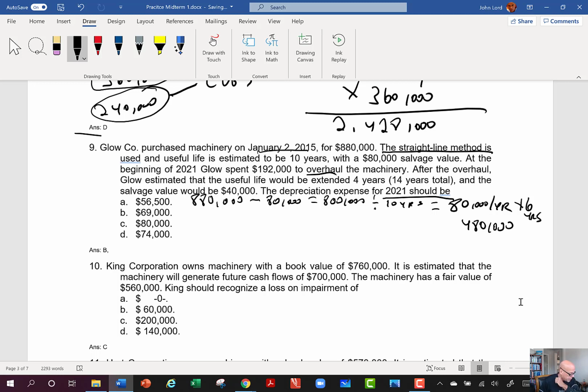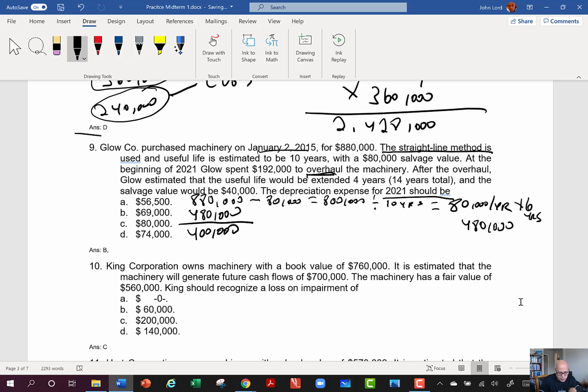So I take that 480,000 and subtract it from the original cost. That means the machinery at the start of 2021, before the overhaul, is 400,000.